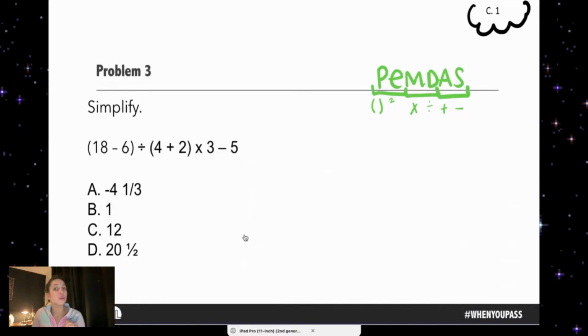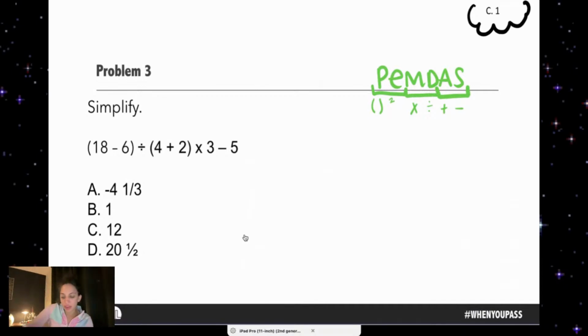But really, it's a fluid process. I'm going to do my parentheses and my exponents first, but then when I get to multiplication and division, I'm going to do them as a pair. They come together as a pair, and I'm going to do them in whatever order they show up in the problem, left to right.